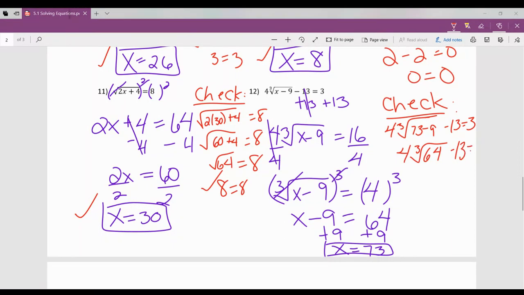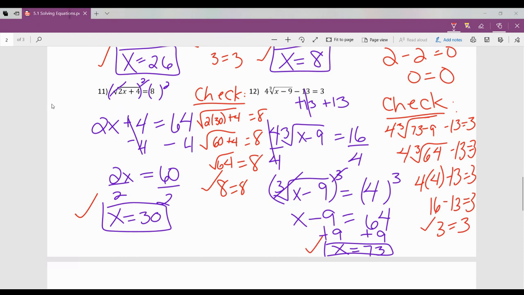Does that equal 3? Okay, the cube root of 64 is 4. 4 times 4 minus 13, does that equal 3? So 4 times 4 is 16 minus 13, does that equal 3? Yep. All right, so they all work for these.